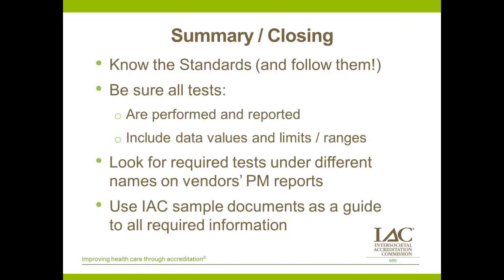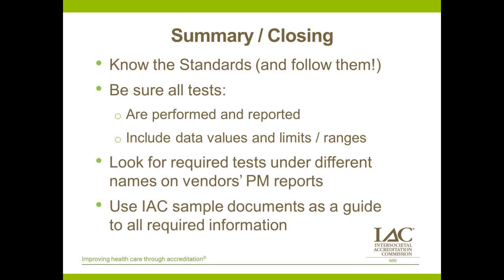Quick summary, right? Keep those IAC standards close at hand. Print out those couple of pages with those lists of items. Use those as a checklist. Make sure everything in your documentation is done as required and that it's reported out, right? Including the values and including the limits and the ranges. Look for different names, right? And use some of those tips, or ask your vendors what those different procedures involve so that you can crosswalk those back to the general names.